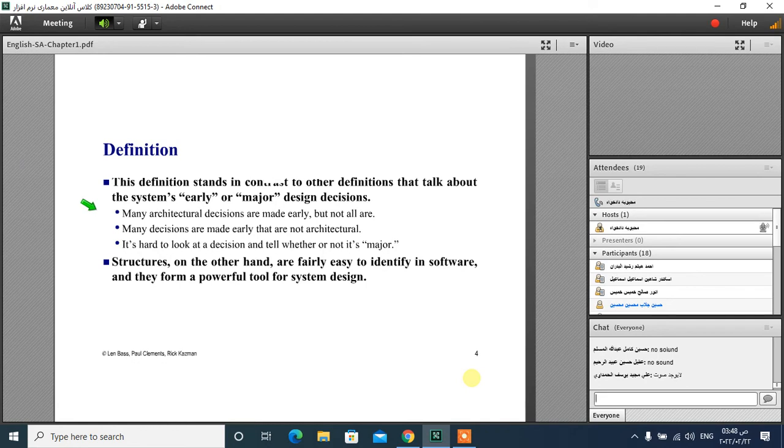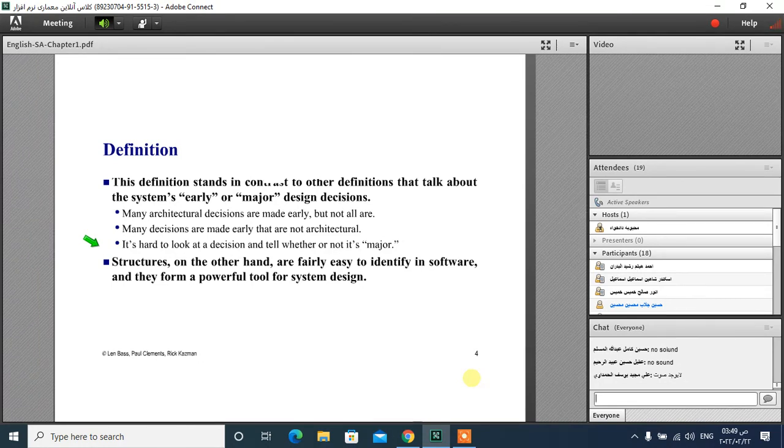There are some points about that. Many architectural decisions are made early, but not all of them. So we may have architectural decisions that are not early, and also there are decisions that are made early but are not architectural.